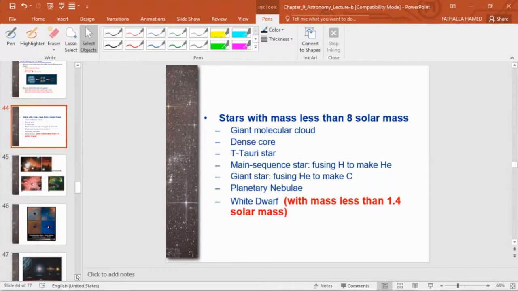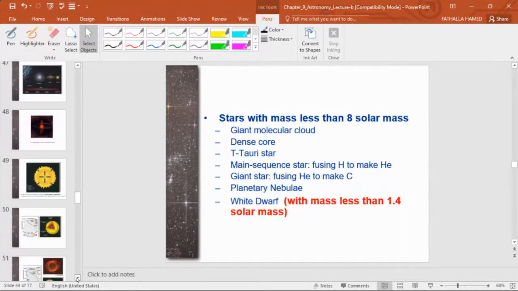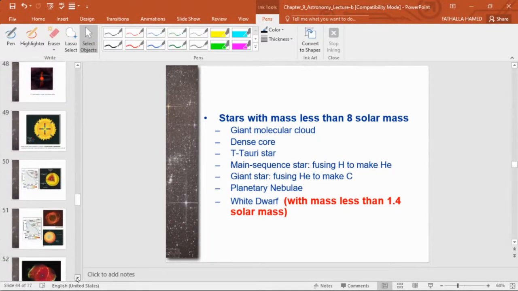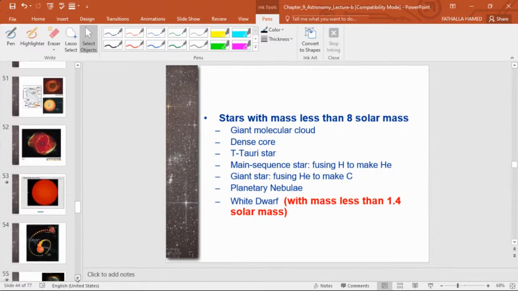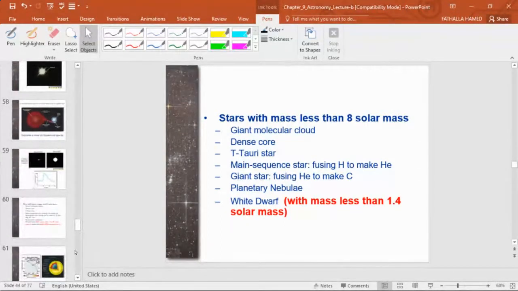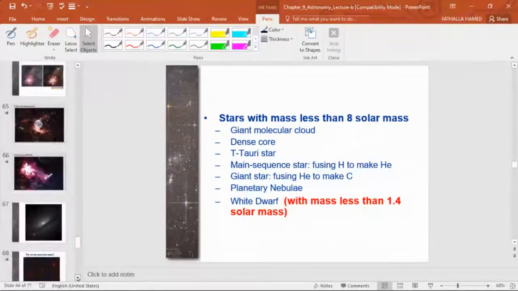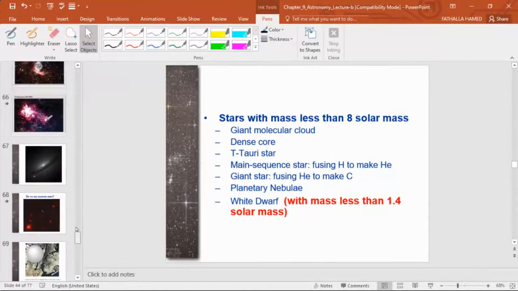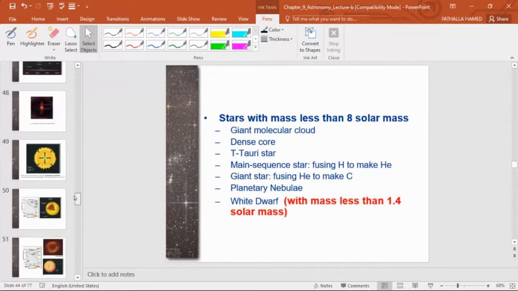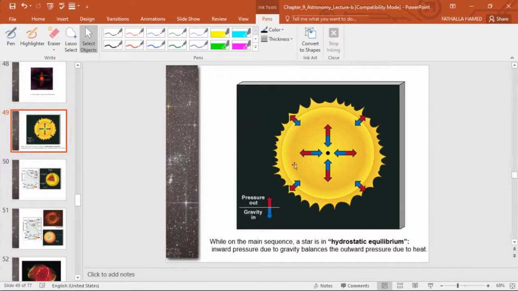Stars that are less than 8 solar masses, they die, and they may actually form what we discussed as a white dwarf. And those who are more than 8 solar masses can go all the way to become a neutron star or a black hole.